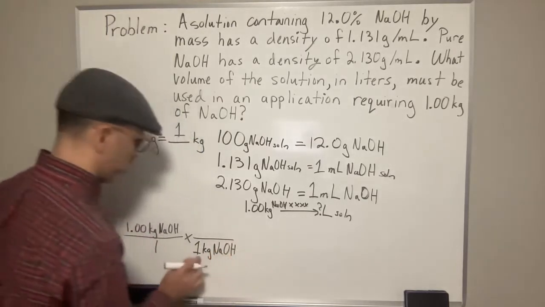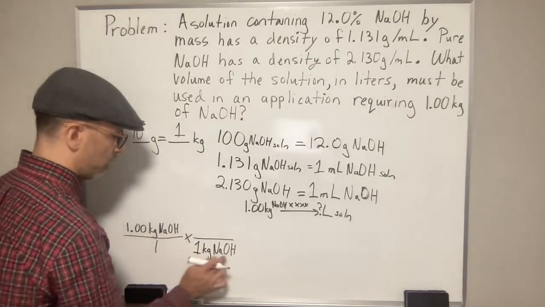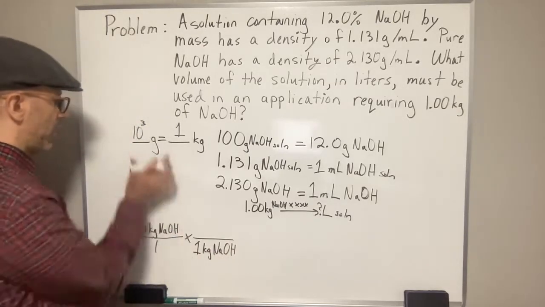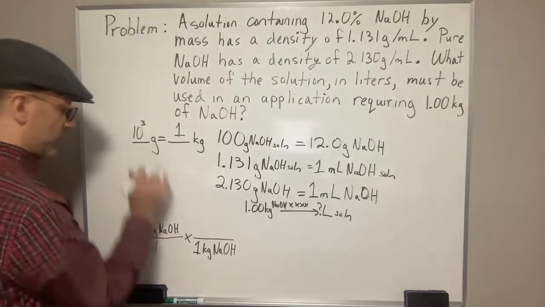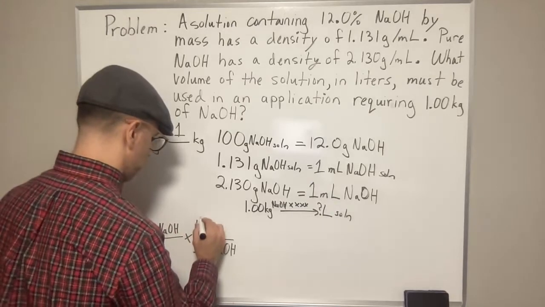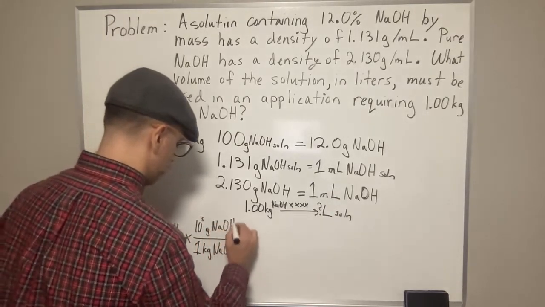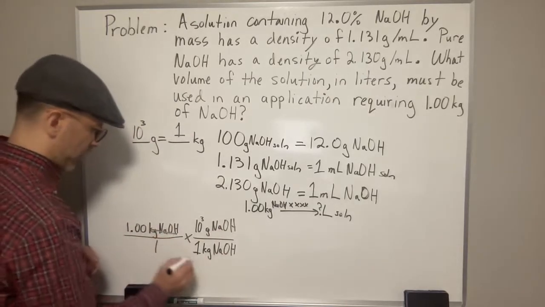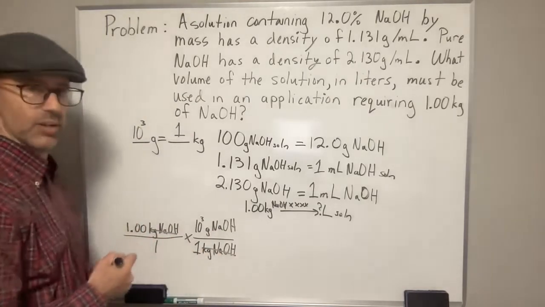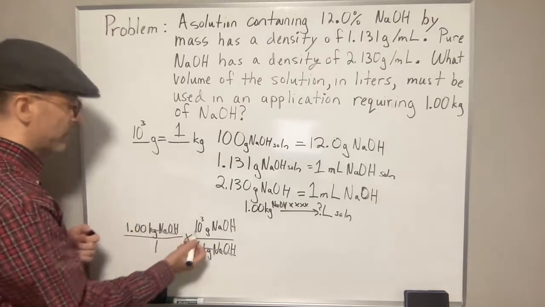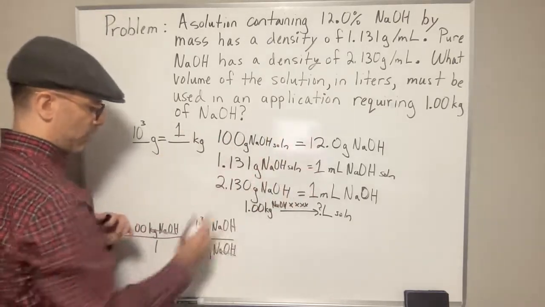Remember, I'm always putting number, unit, substance. And then on the top, I put 10 to the third grams of NaOH. So kilograms of NaOH cancel out. Now I've got grams. Now I can start using these.